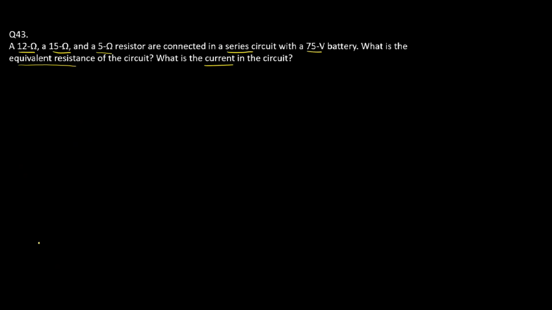So we solve this in a similar manner as we solved the previous problem. I will write R1 equals 12 ohms, R2 equals 15 ohms, R3 equals 5 ohms, and my battery voltage is 75.